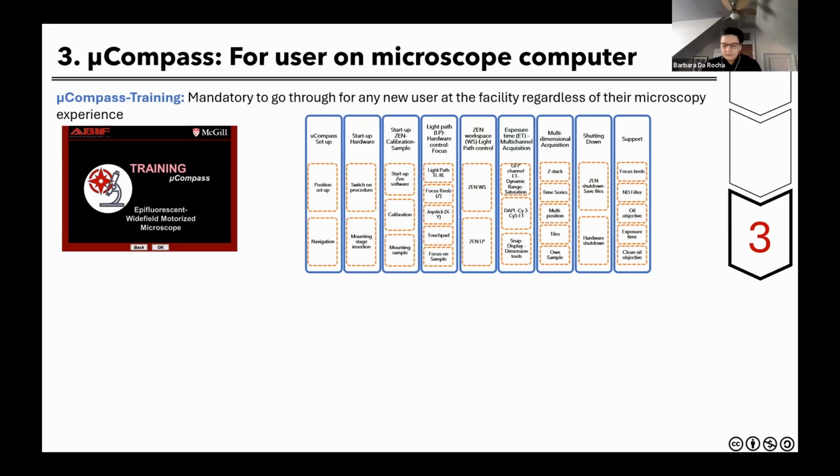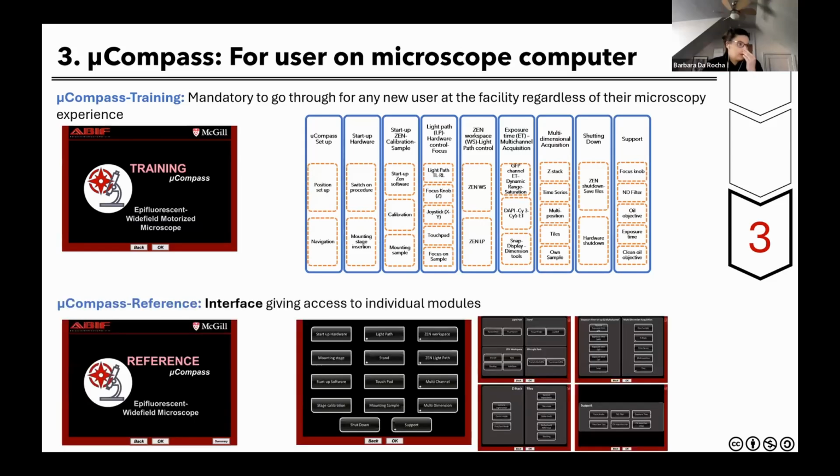This is the one that I've shown you. They also have the MicroCompass reference, which is an interface where they can go to individual modules if they need a reminder, and go back to the summary.